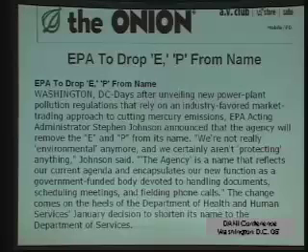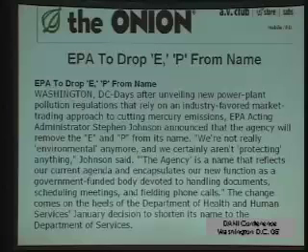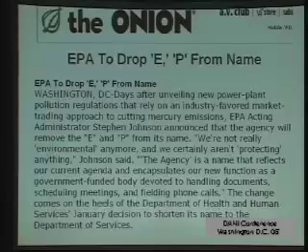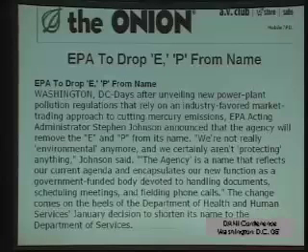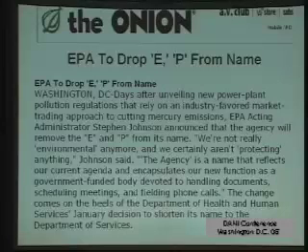The agency is a name that reflects our current agenda and encapsulates our new function as a government-funded body devoted to handling documents, scheduling meetings, and fielding phone calls. The change comes on the heels of the Department of Health and Human Services' January decision to shorten its name to the Department of Services.